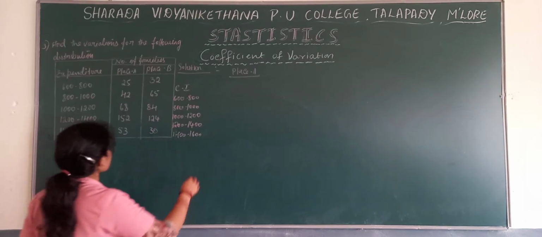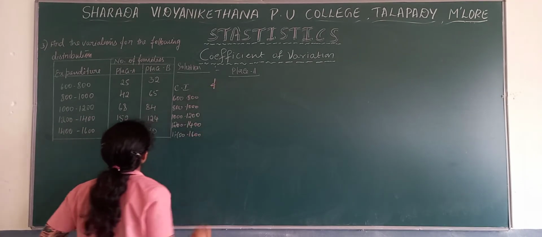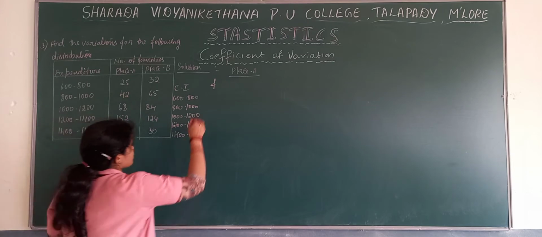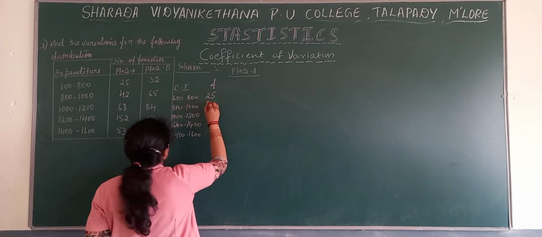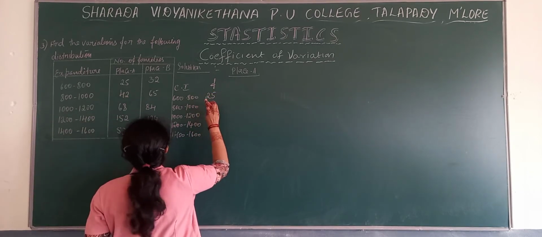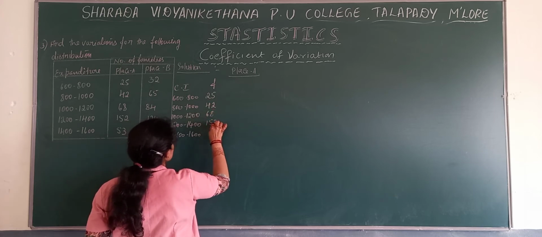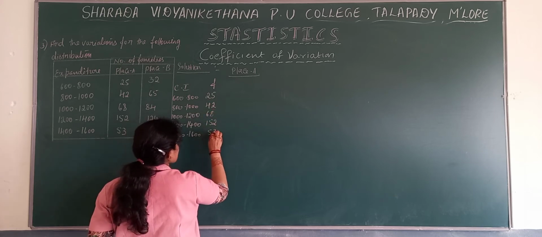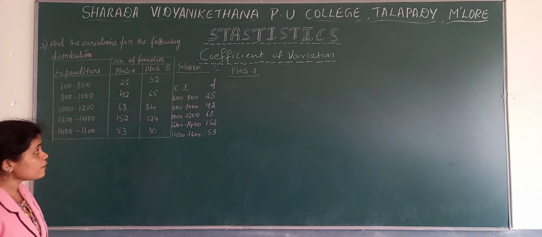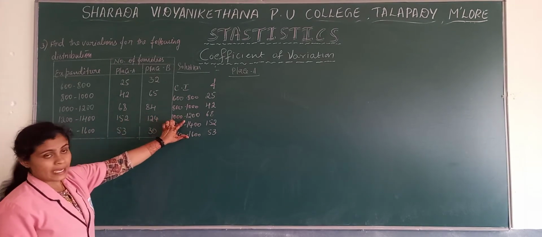Next you take the frequencies there. The frequencies for place A are 25, 42, then 68, 152 and 53.